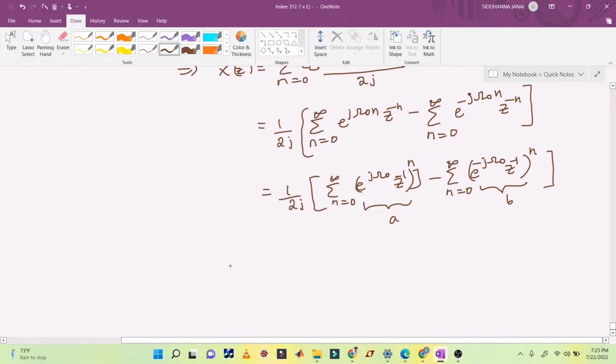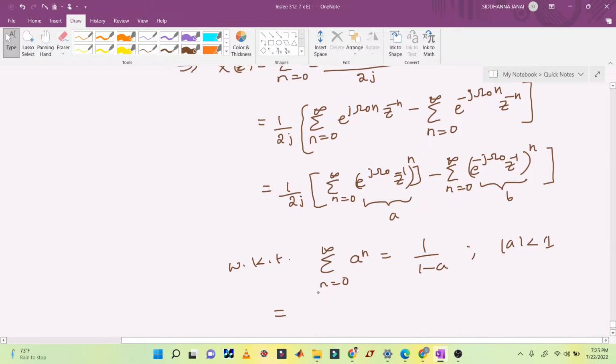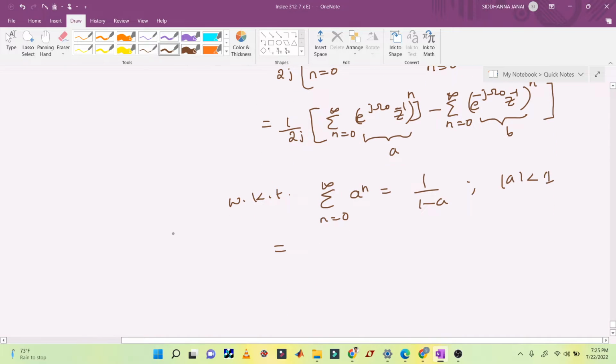Again we know that summation n is equal to 0 to infinity a to the power n is equal to 1 divided by 1 minus a when magnitude of a is less than 1. Using this we can write the above equation.